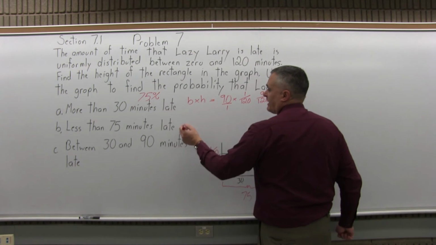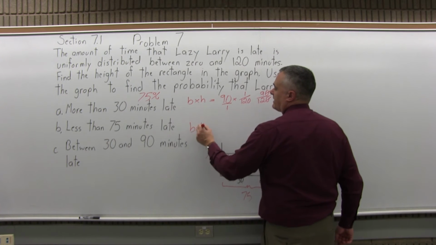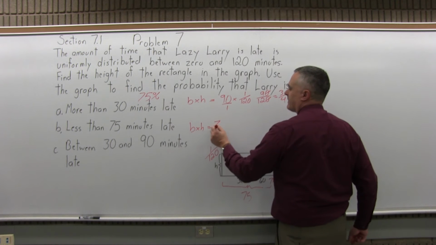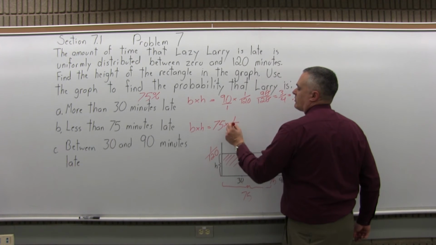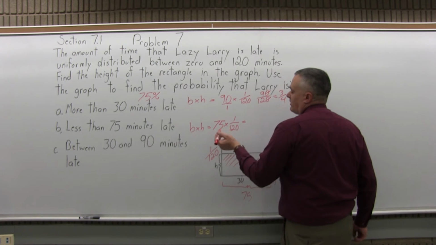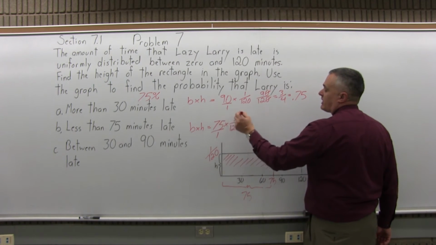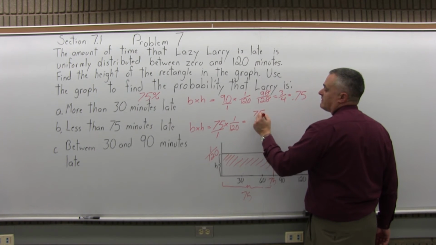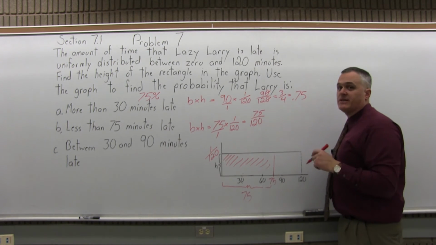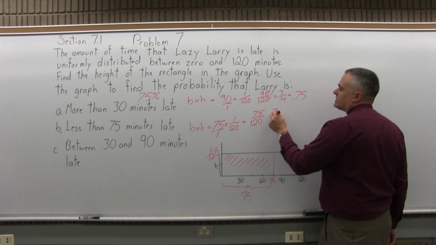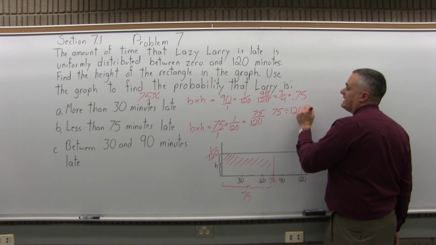So less than 75 minutes late, we find that area and that probability by doing base times height. The base, again, is 75, times the height is 1 over 120. So you can think of the 75 as 75 over 1. Top times top, 75 times 1 is 75. Bottom times bottom, 1 times 120 is 120. And that is the answer. I can see 5 goes into them both. You could reduce it down, or you could just take a calculator and do 75 divided by 120 equals.